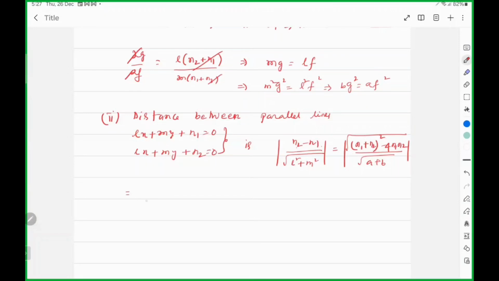So this is n1 plus n2 whole square minus 4c by root of a plus b.